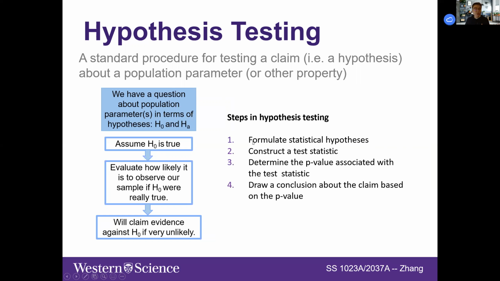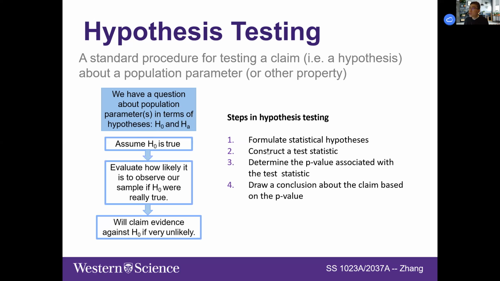So first, we always start with a certain statistical hypothesis. Because we want to ask some scientific question, at first we just assume you are right. We just assume that is true, and then in steps 2 and 3, we're going to collect the information and construct some value to help make the decision.